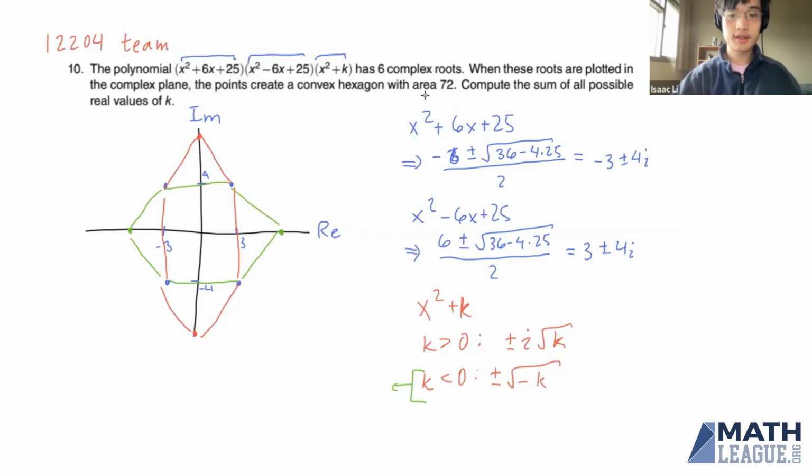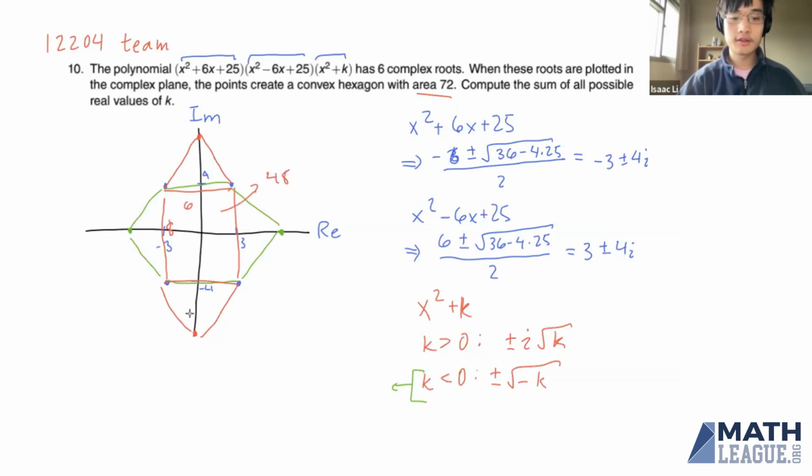Okay, and these hexagons should have area 72. So let's find the values of k such that these hexagons have the prescribed area. Let's start with the red hexagon. It's composed of 2 triangles and a rectangle in the middle. The rectangle has side lengths 8 and 6, making its area 48.